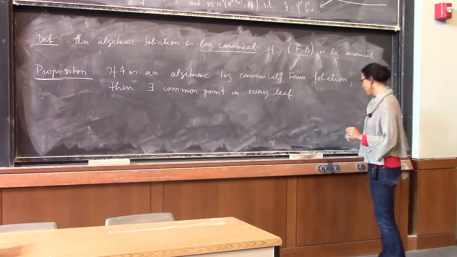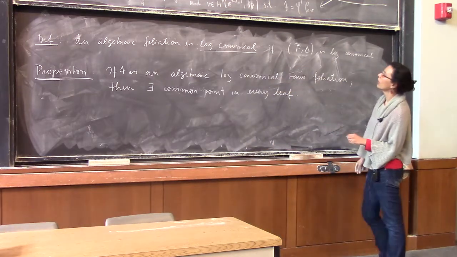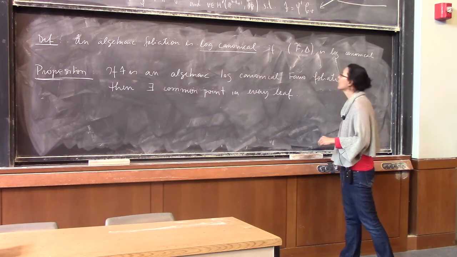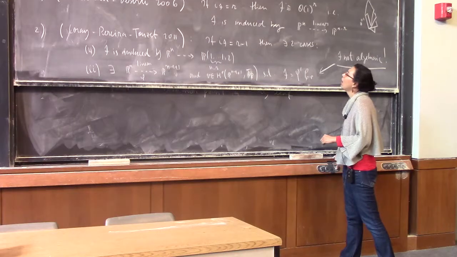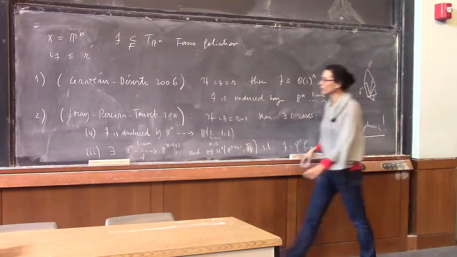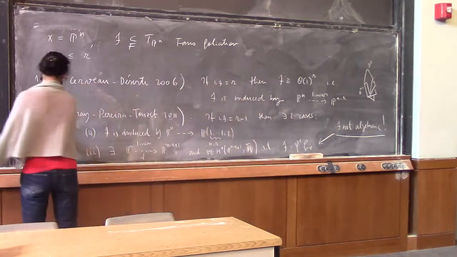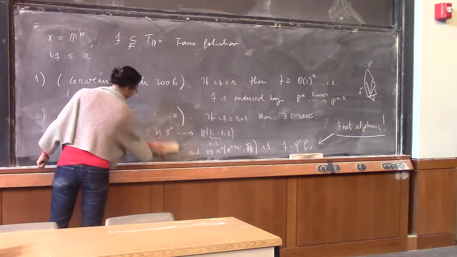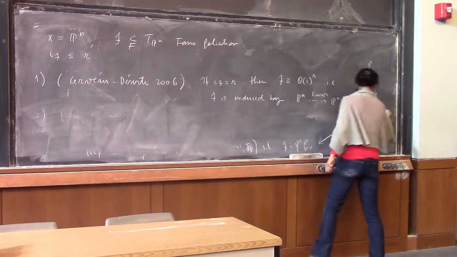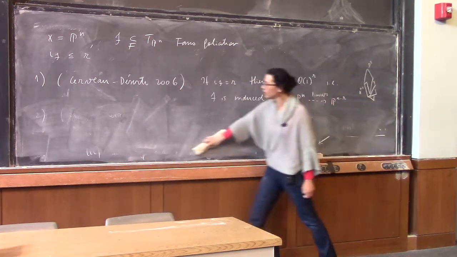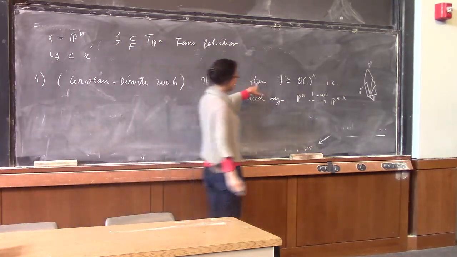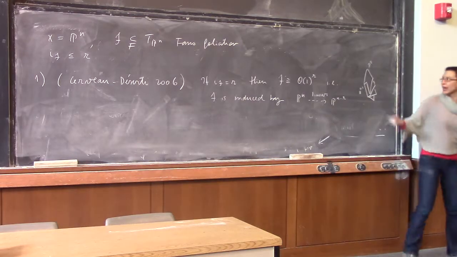So let me give you an example. Okay, so this is one example. In Pn, this foliation with index equal to the rank.